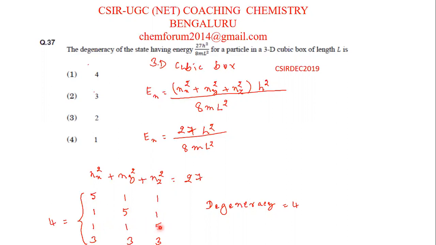The other set of quantum numbers which would give the same energy has only the quantum number 3: nx is equal to 3, ny is equal to 3, and nz is equal to 3. Then it would make 27. So these are the four sets of quantum numbers given to nx, ny, nz that would correspond to this energy. So the degeneracy of this energy level is 4.